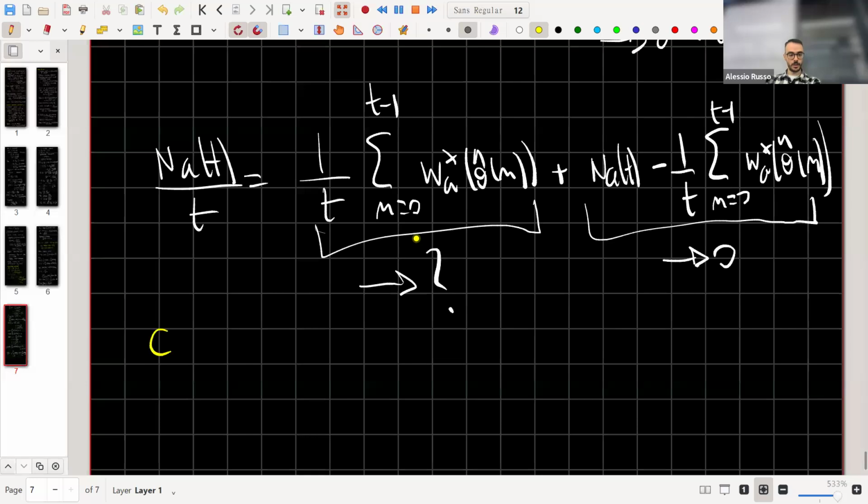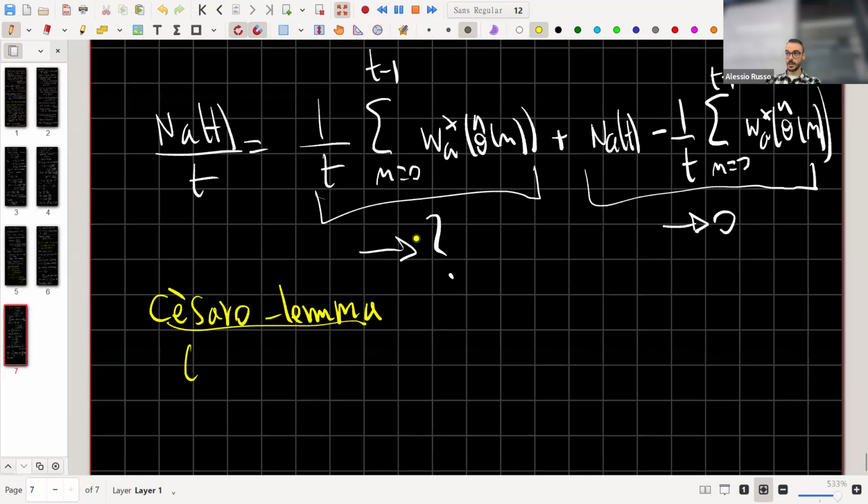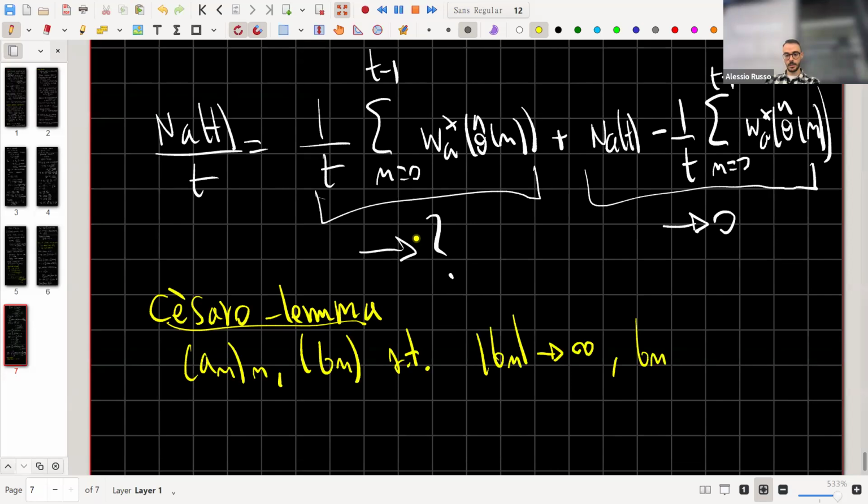So here we are going to use what we call the Cesaro lemma. It's a simple but important result. The Cesaro lemma says, consider two sequences, an and bn, such that the absolute value of bn tends to infinity, and bn is strictly monotone.